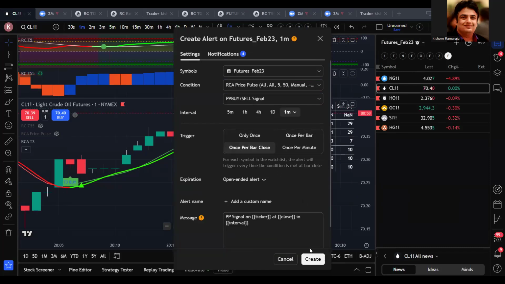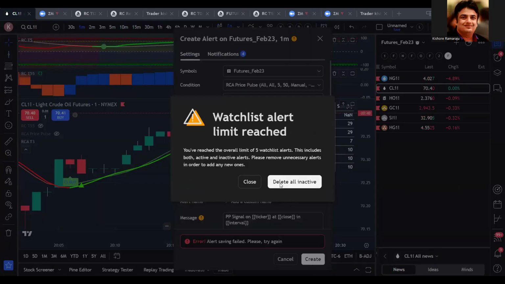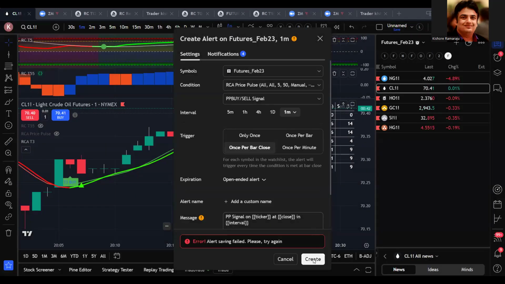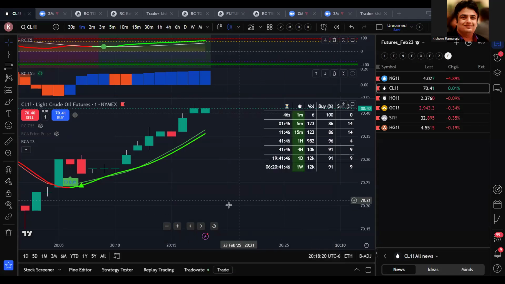But because it is evening time, I am creating alerts on the 1 minute. Because by the time I get 5 minute buy, 5 minute sell, again it will start going down. So I'm using 1 minute. I'm using 1 minute time frame and creating different alerts.